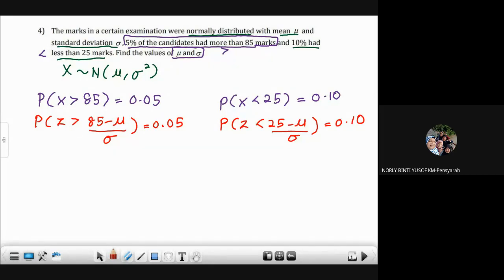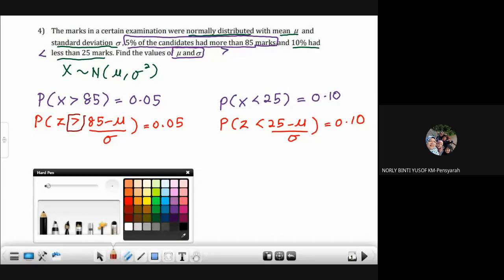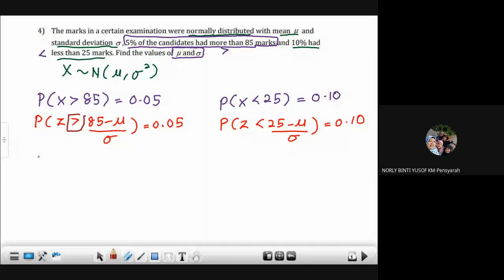Okay, so we settle satu-satu. So untuk this one, the symbol is greater than and the value for probability here is actually lesser than 0.5. So kita akan lukis graf normal ataupun shape normal untuk kita tahu Z tu right tail ataupun left tail. So draw the normal shape with the mean 0.